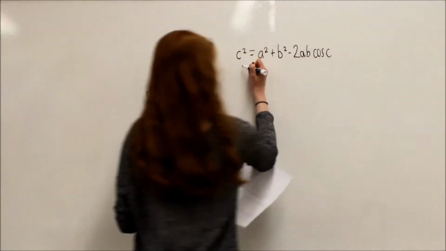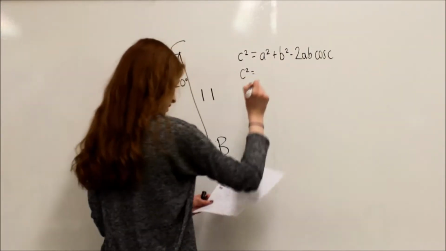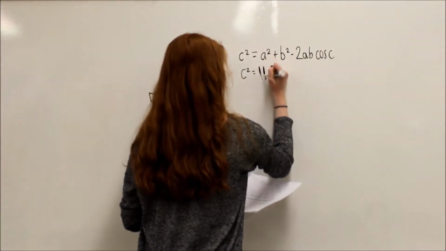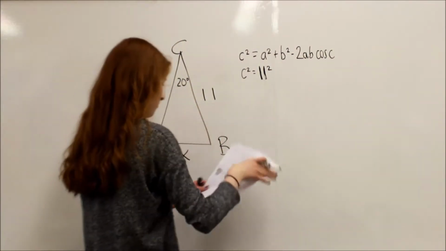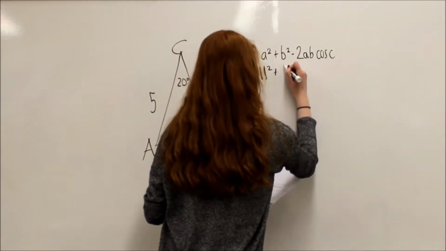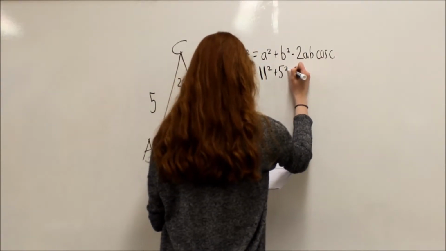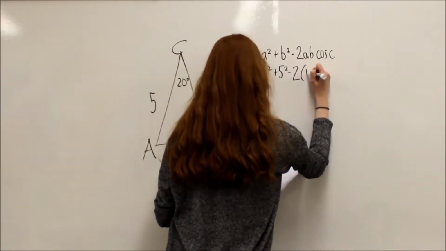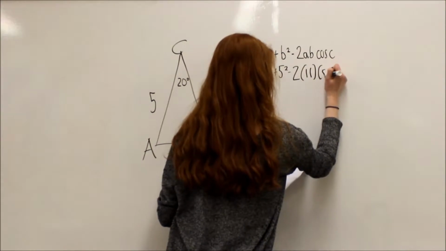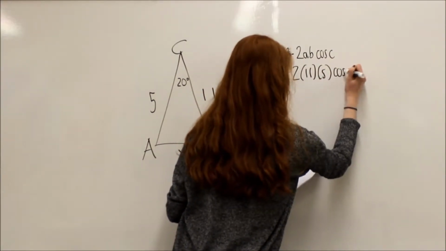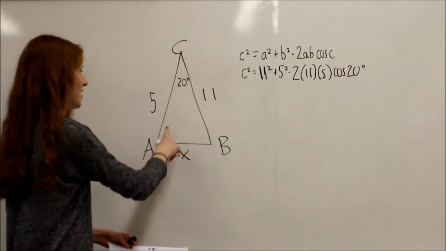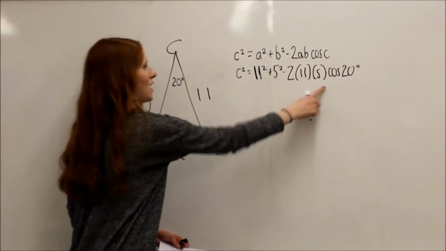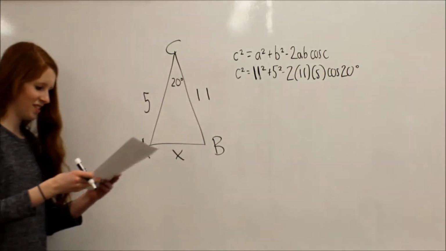So it would be c squared equals 11 squared, since that's the side a, plus 5 squared, minus 2 times 11 times 5 times the cosine of 20 degrees. You just take the information given and substitute that for the value it's equal to in the equation.